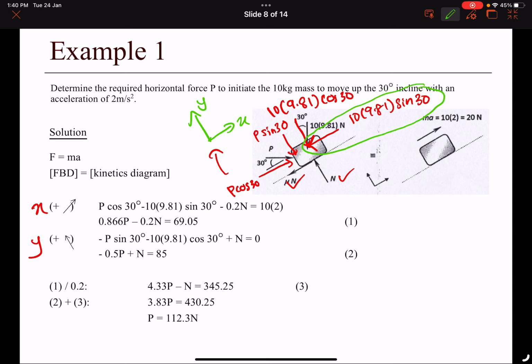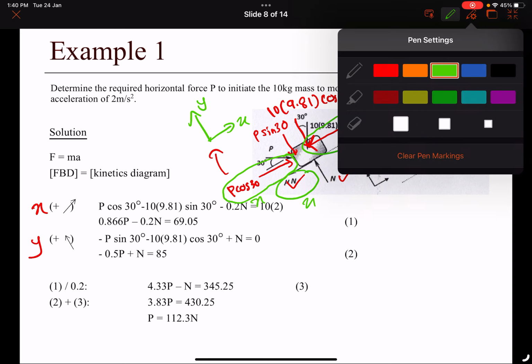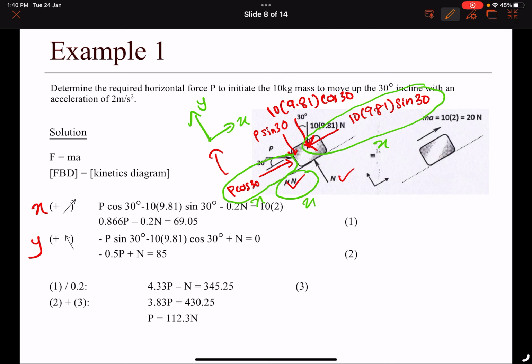This one is x1, and there is another one, which is this one. The green color is the x component, and the orange color is for the y.